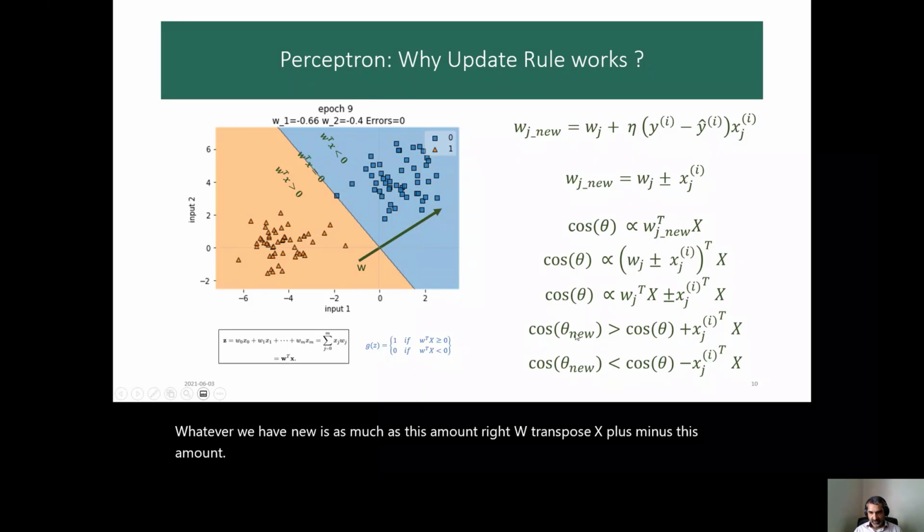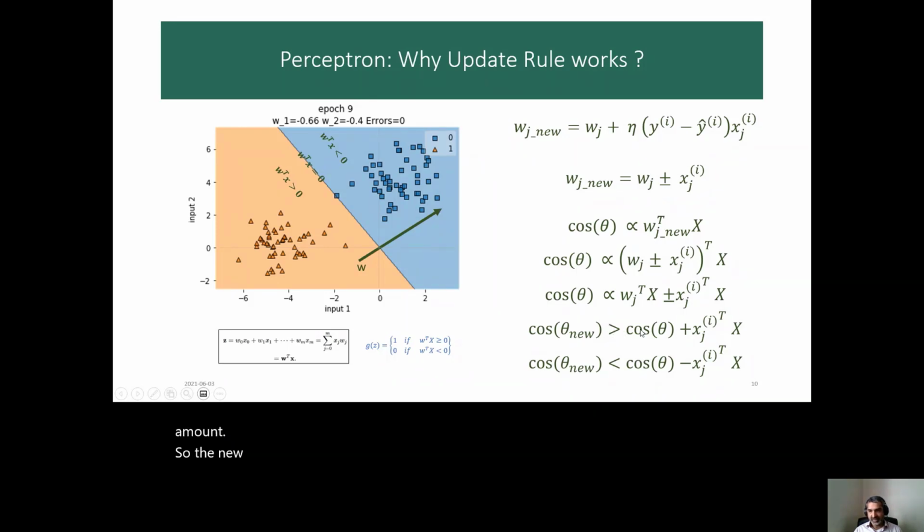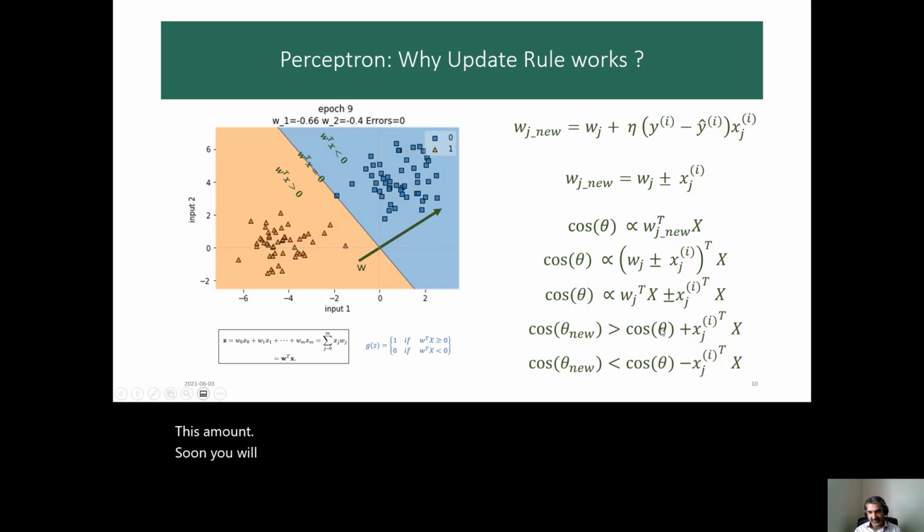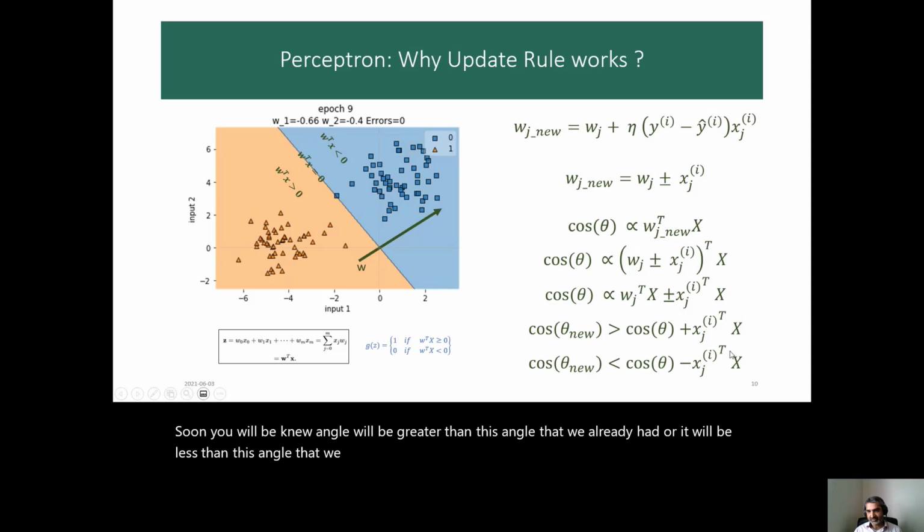The new angle will be either greater than the original W transpose X, represented by the cosine of the angle between W and X, plus this amount, or less than the angle that we already had. How much? As much as this amount.